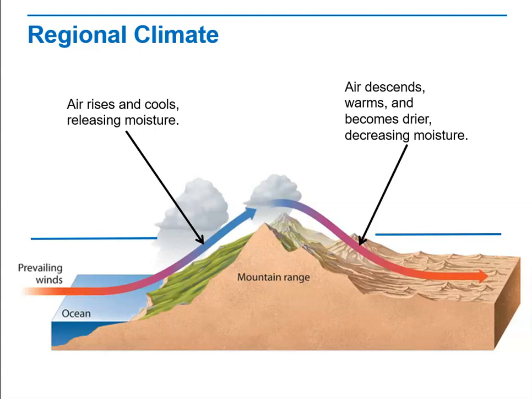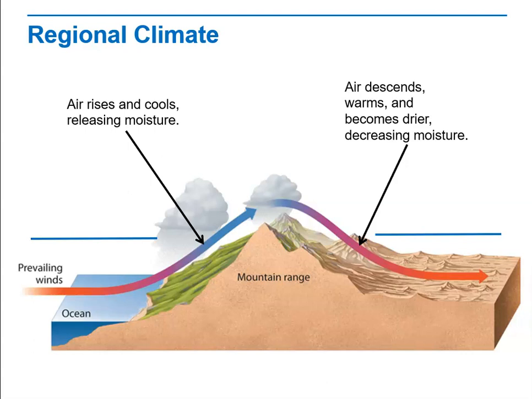Here we see these labels. As the air rises and cools, it releases moisture, and then as it descends, it warms and becomes drier. So eastern Oregon and eastern Washington are quite dry and warm compared to western Oregon and Washington, where they're very wet and cooled by those winds coming in off of the ocean.